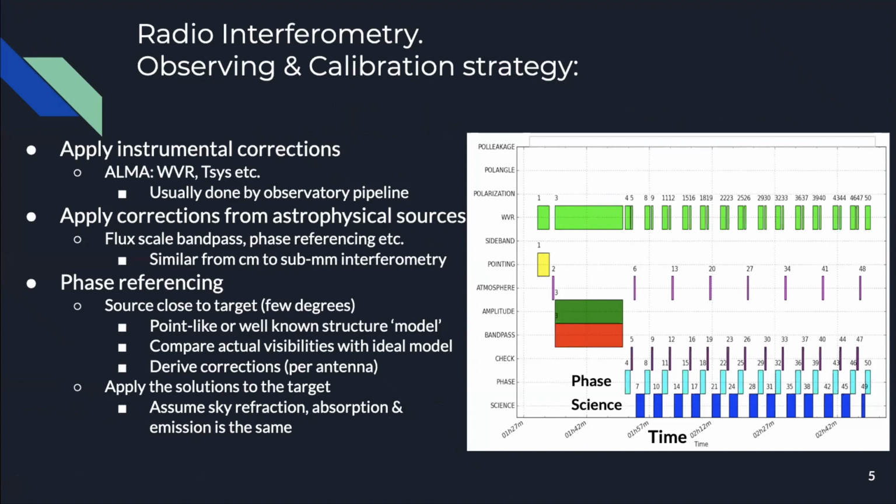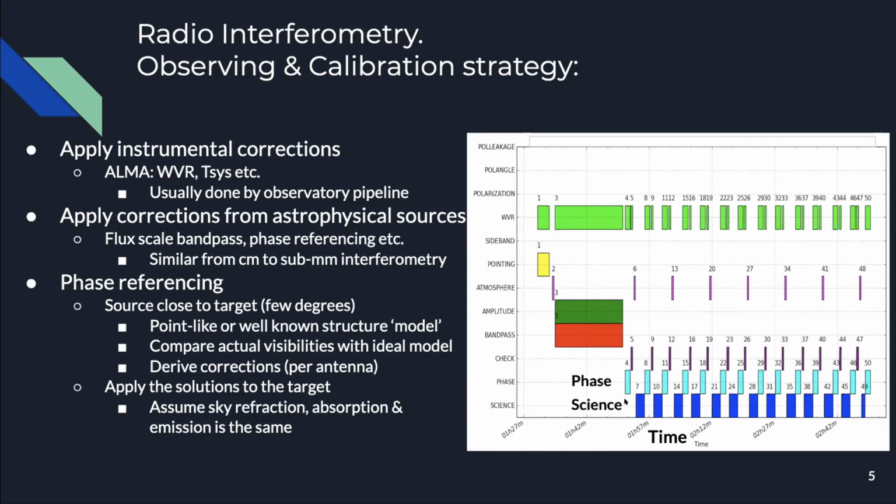So on the y-axis in this figure, you can see all the names of those calibration intents that ALMA does when a standard program is executed. You can also see along the x-axis the timeline of the observation of this program in particular, and you can see that the amplitude and the bandpass calibrators are observed before the phase calibrator and the science target.